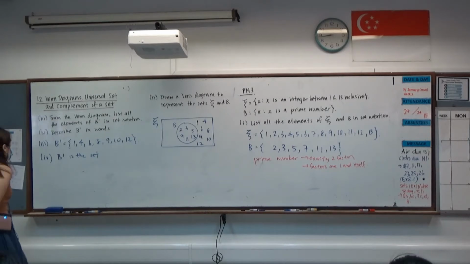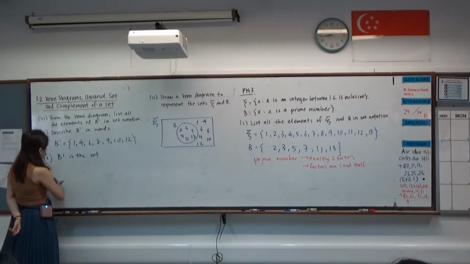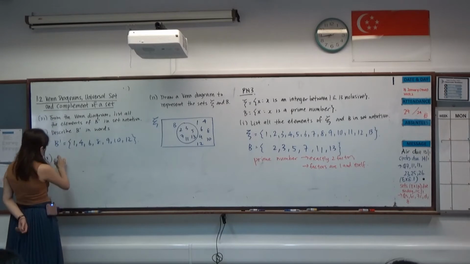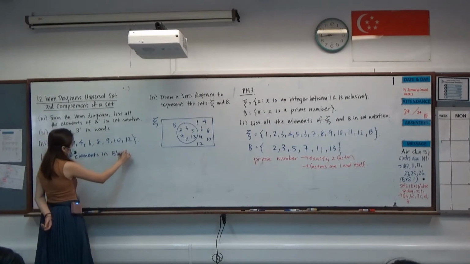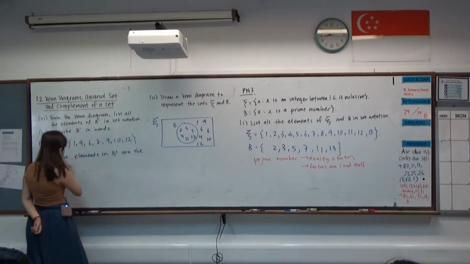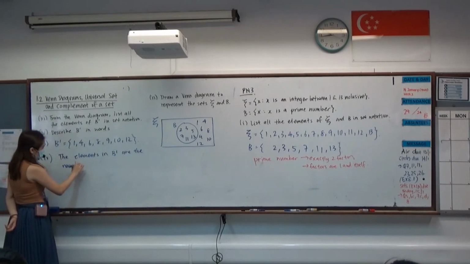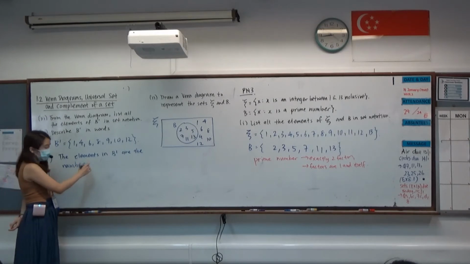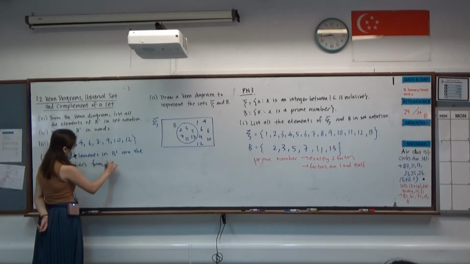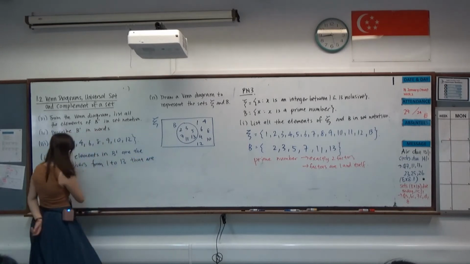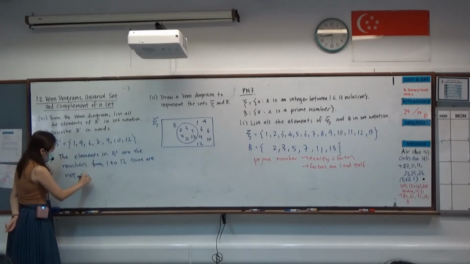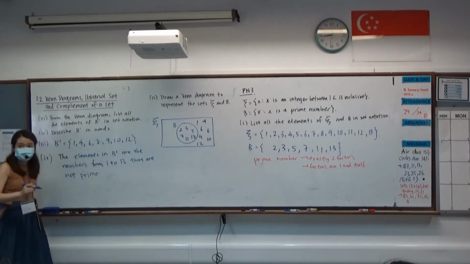Okay, so Katja says that the elements in B prime, let me use your words, are the numbers from 1 to 13 that are not prime. You said that, right?